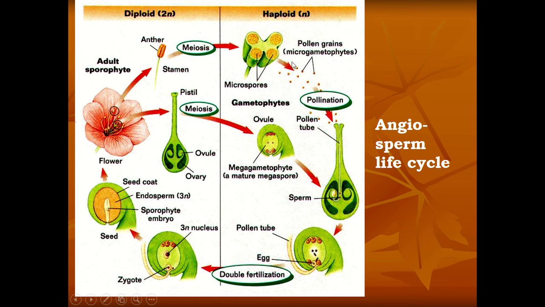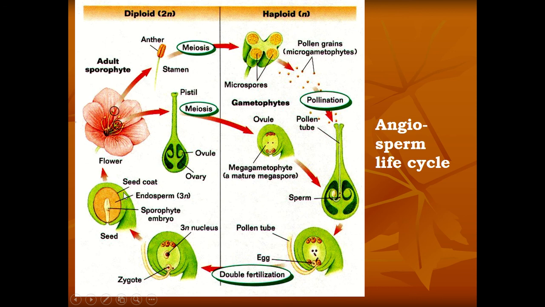First, the pollen grain will pollinate at the stigma of the pistil, and then the pollen tube will form. It goes to the micropyle, and the generative cell of the pollen grain will produce two sperm, in which one sperm will fertilize the egg, becoming a zygote, and the second sperm will fuse with the two polar nuclei, producing the endosperm.